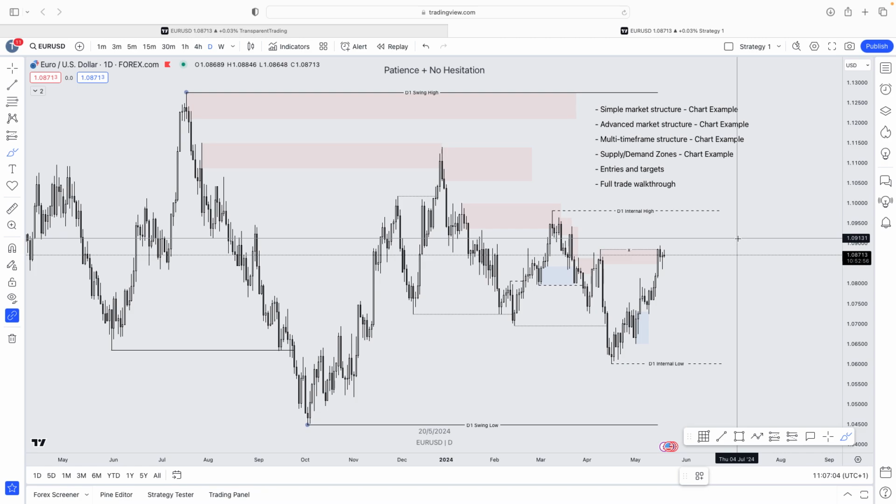I remember when I was learning, I understood everything on a line chart, but then when it came to the actual candlestick charts, it just made no sense, right? The next topic then is entries and targets, and the last topic will be a full trade walkthrough of a trade that I've recently taken.